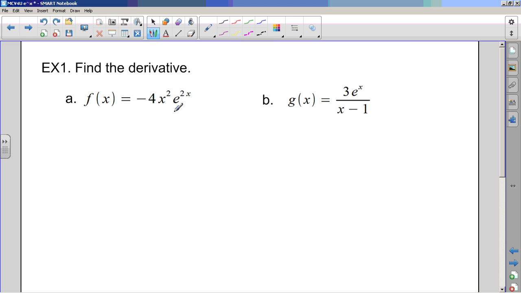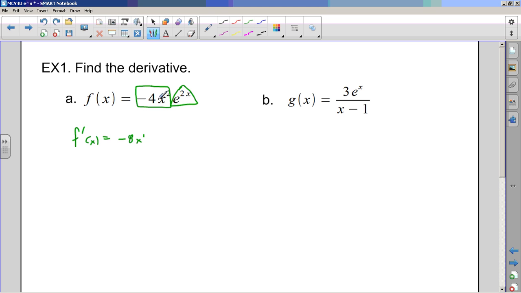So it says find the derivative. This one, by the way, to me looks like a product rule. It's a product rule and some other things too. There's a chain rule here, but I'm going to think of this as a product rule. F prime at x equals derivative of the first thing.